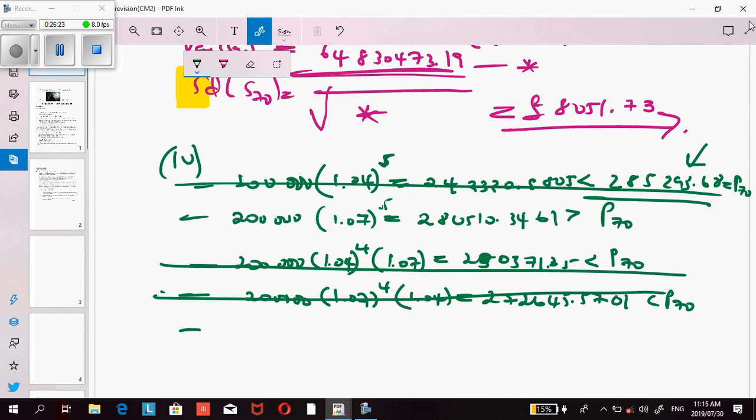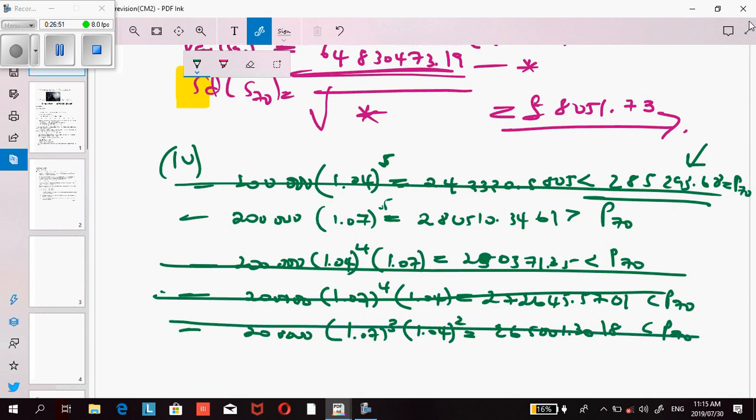Another possible combination is to invest at 7% for 3 years and invest at 4% for 2 years. There you're going to get 265,001.3018, which is less than your P70. We don't want this combination.